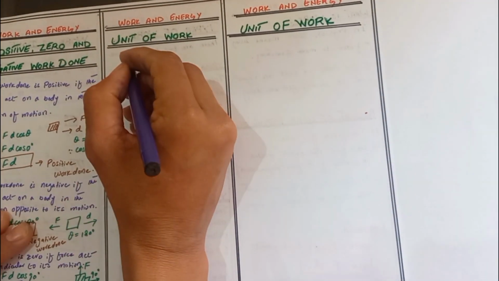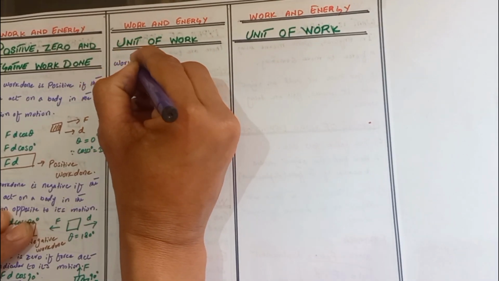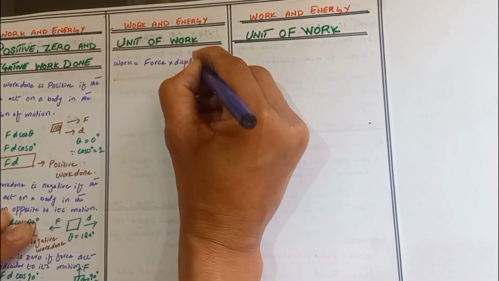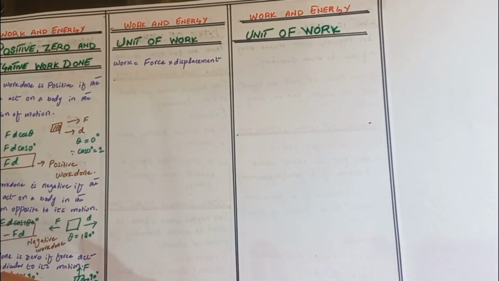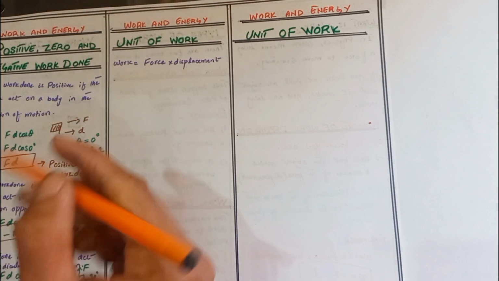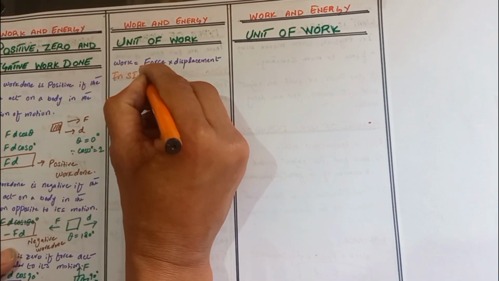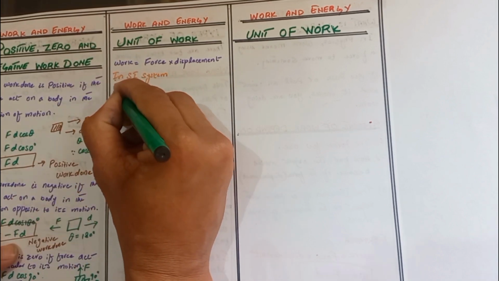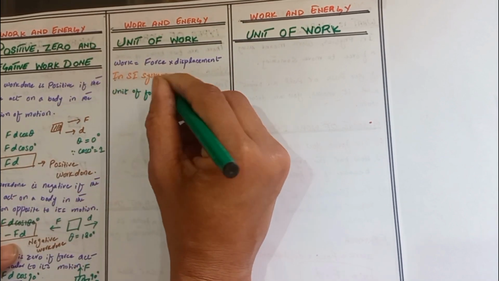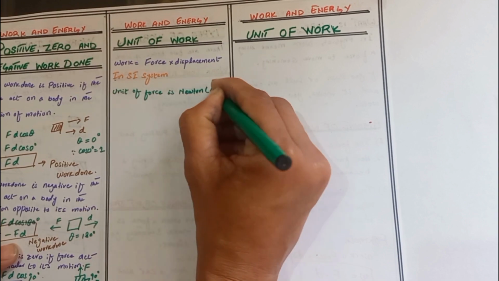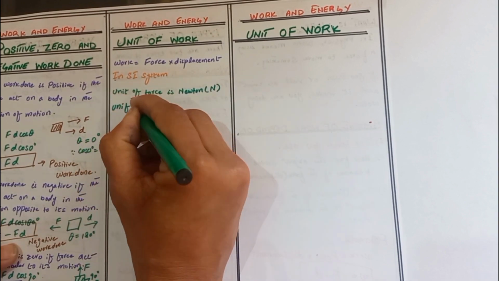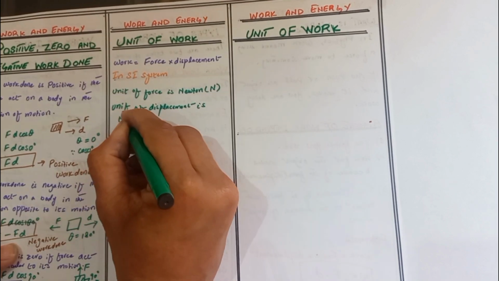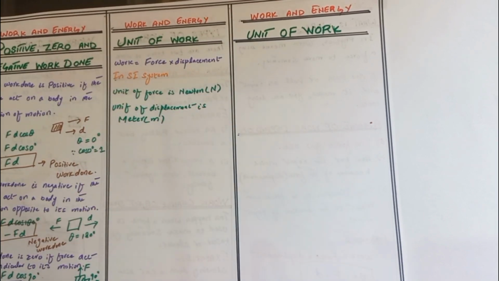Now we discuss the unit of work. The formula of work is force into displacement. In the SI system, the unit of force is Newton, represented by N. The unit of displacement is meter, represented by m.